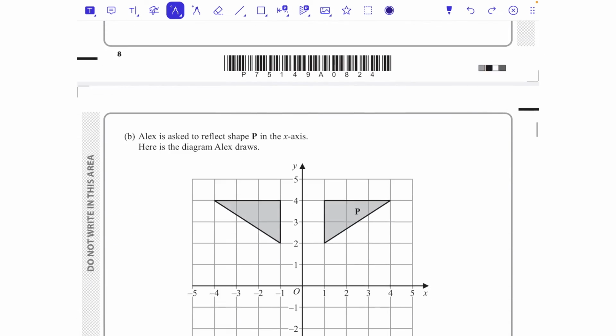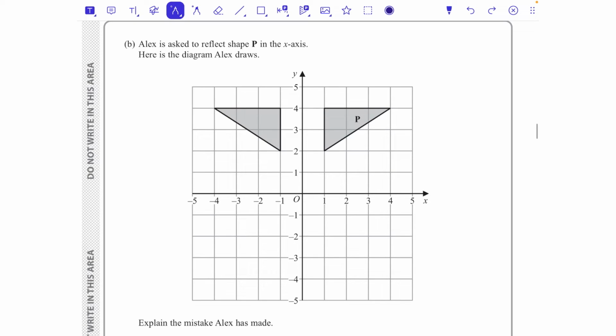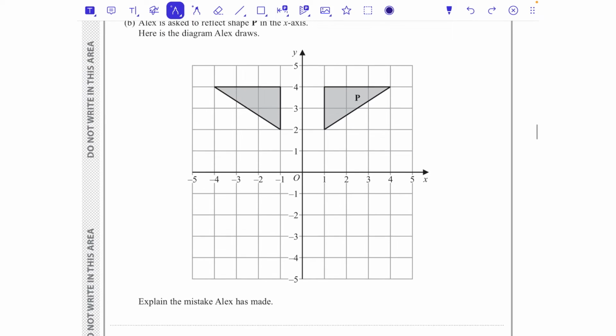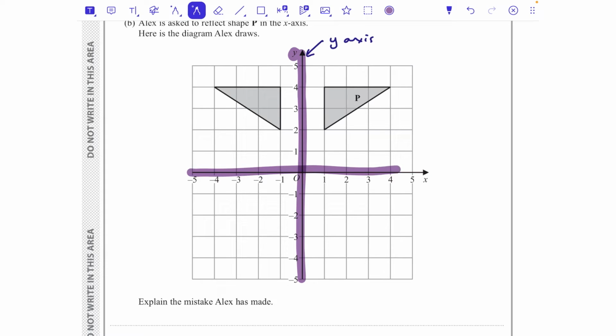Good. Question part B. Alex is asked to reflect shape P in the x-axis. Here's the diagram Alex draws. Explain the mistake that Alex has made. So he's reflected in this line here, and this is actually the y-axis. If he was going to reflect in the x-axis, then we would expect to see that shape down here.